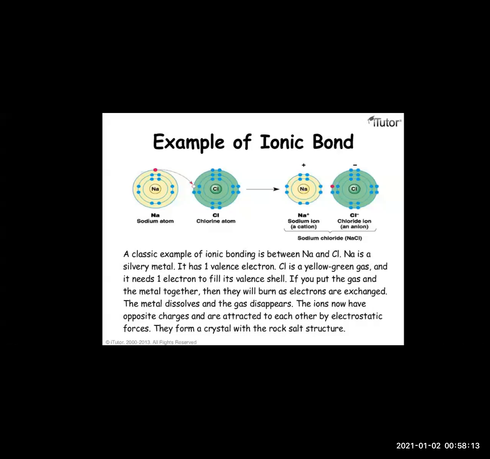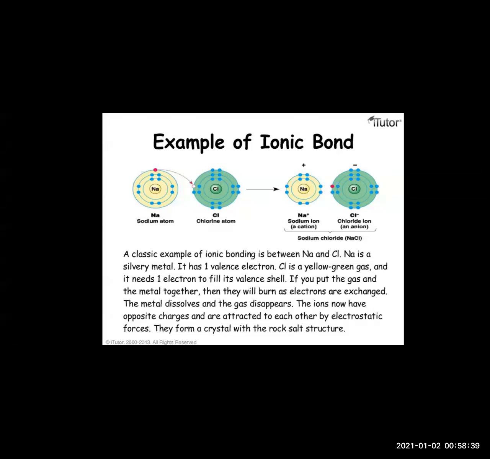So now what electronic configuration will the sodium have? The sodium will have 10 electrons in its orbit and the chlorine will have 18. By gaining one electron, the chlorine atom changes into a chloride ion. Okay, now who is the donor here? Sodium is the donor.